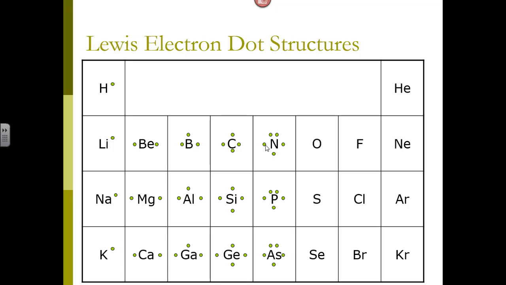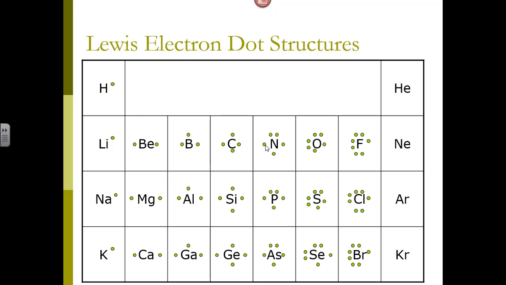Phosphorus and arsenic would look the same. Oxygen now is going to have 6. Hopefully you'd be able to predict that that would be 2 pairs and 2 singles. You can choose whatever sides you like for the pairs and the singles. Sulfur and selenium would be the same. Fluorine would have 7 valence electrons total, so that's 3 pairs and 1 single, whatever sides you like. Chlorine and bromine are the same.